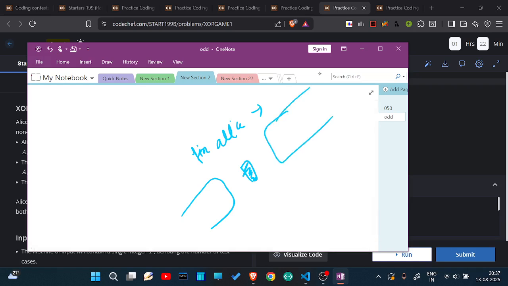What would Bob do? So Bob, basically, when would Alice want to merge? That will not affect the total XOR. So Bob would do zero. Bob would either do nothing, or Bob would do something.